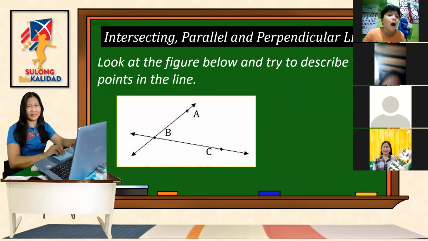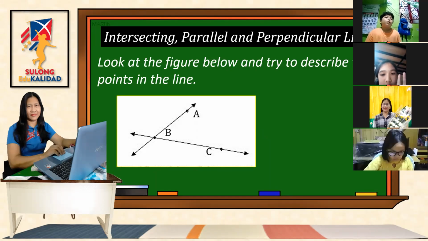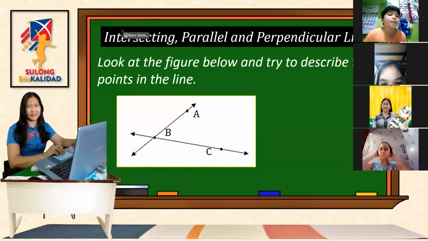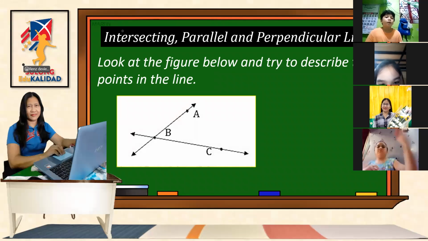Sinong kaya magbigay ng name sa lines na nandyan sa screen? Diba kanina sinabi ko na kung paano bigyan ng name ang line? So, on the screen, you see 2 lines. You have line AB and line BC.